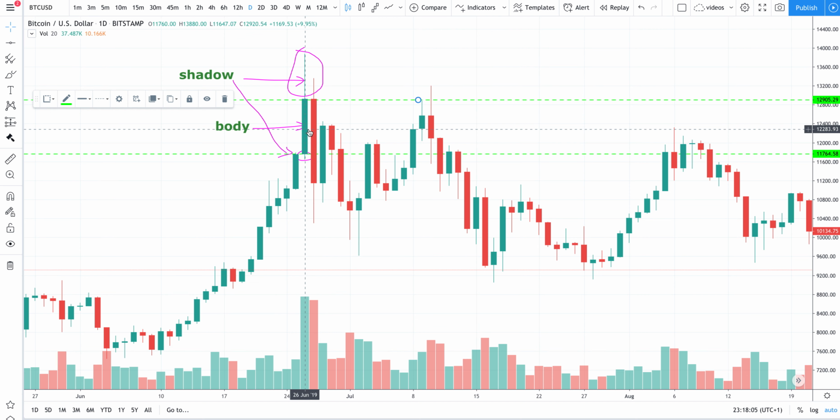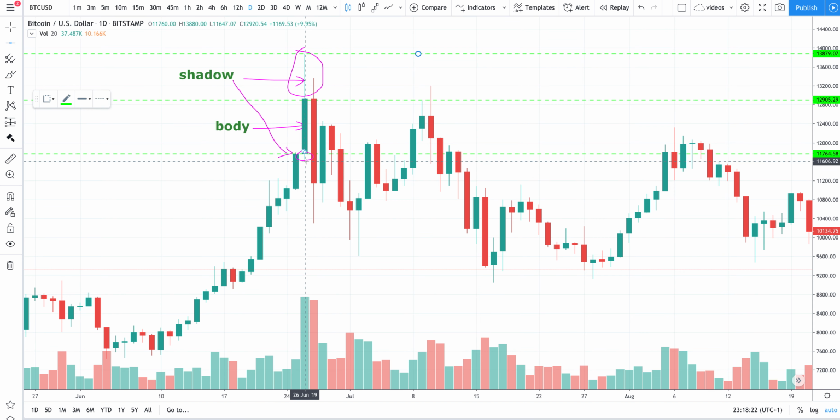The shadows show us the low value and the high value of the candle. So this is called high, it's almost 14,000, and this is the low, which is 11,616.